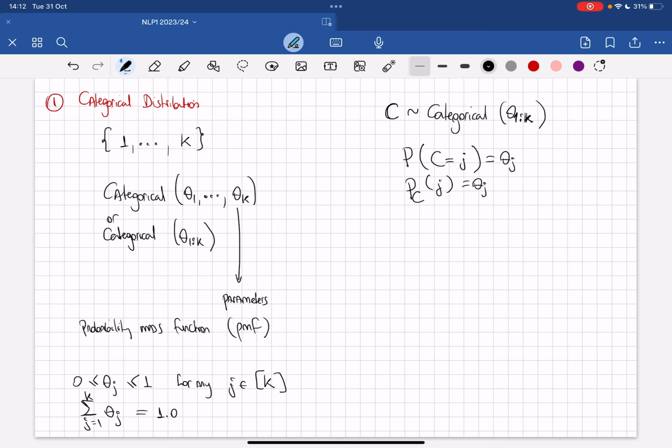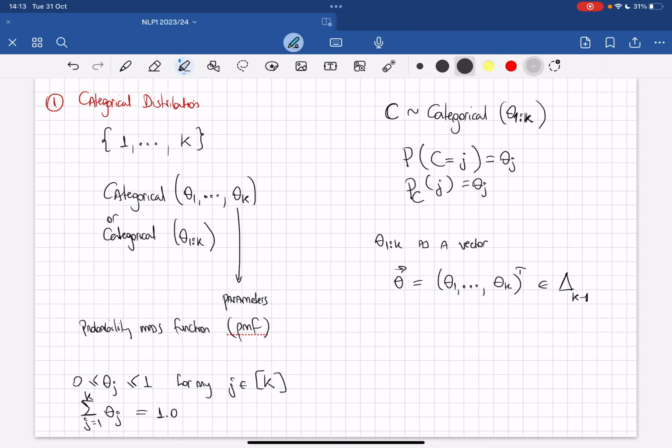One side note, if we think of theta 1 through k as a vector, since it's a fixed dimensionality, we can denote theta as a vector. Well, vectors are columns, so it's the transpose of this row vector. It's a point in a specific space that we denote with this symbol, this triangle with the subscript k minus 1.